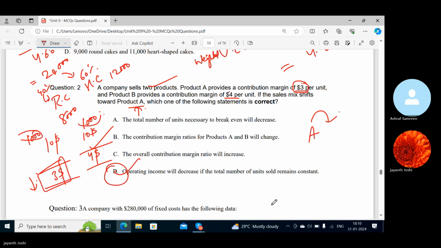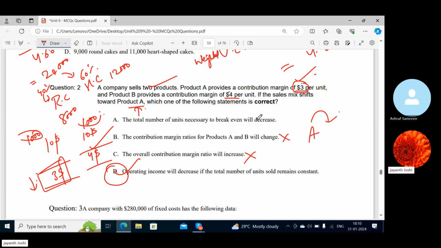This is wrong because the overall contribution margin ratio will decrease, right? Because it is shifting towards a lower contribution margin providing product. Contribution margin ratios for product A and B will change. How come? It is not going to change because the sales is constant.